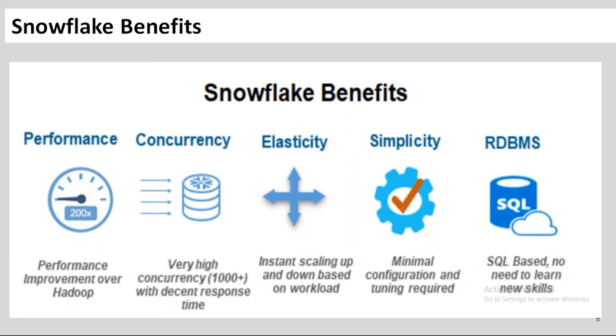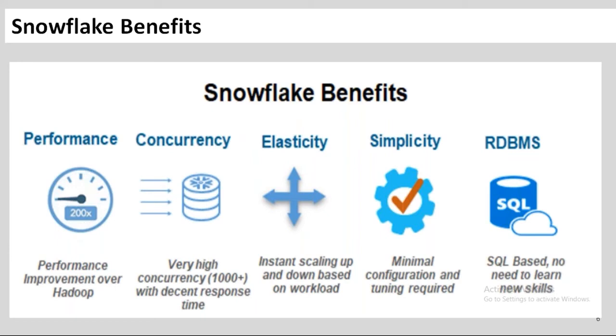Of course, some minimal tuning is there, I accept that. But whatever tuning techniques you follow in traditional databases, those many tuning techniques are not required in Snowflake. To improve performance, generally in Oracle we create indexes, we create partitions, and we load the data into temporary tables instead of subqueries.